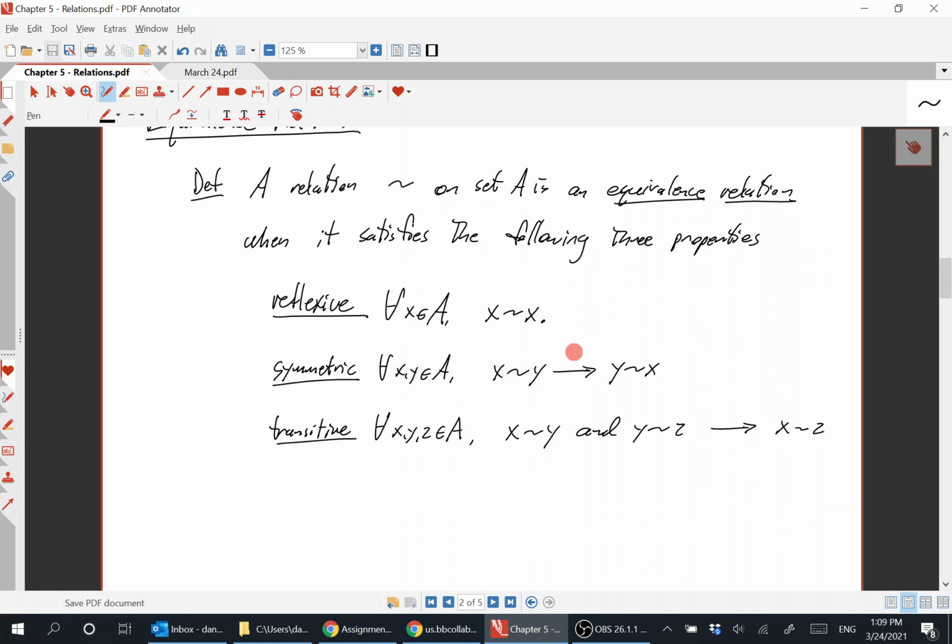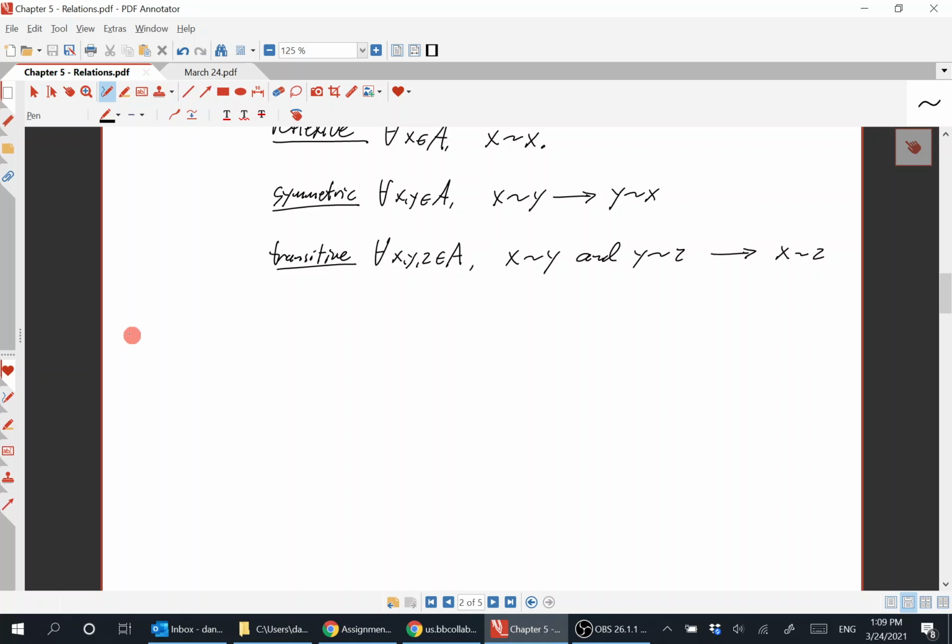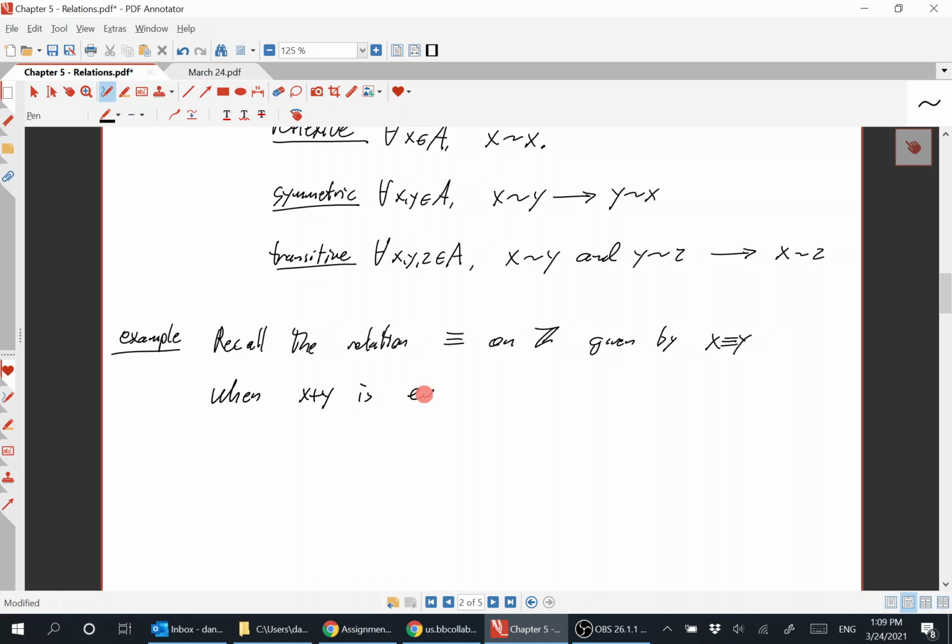So, for example, that relation about the sum being even is an equivalence relation. Recall the relation on Z given by x is related to y when x plus y is even.